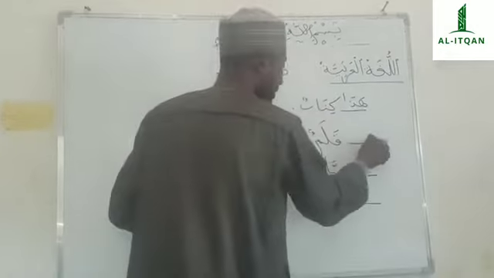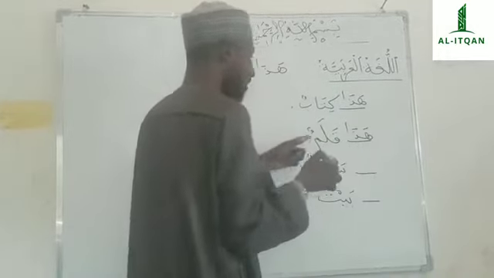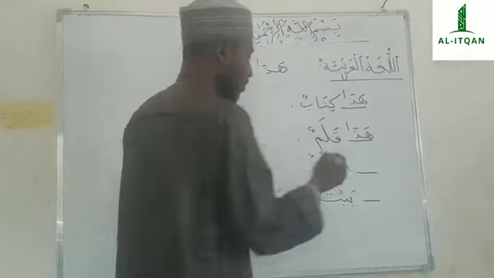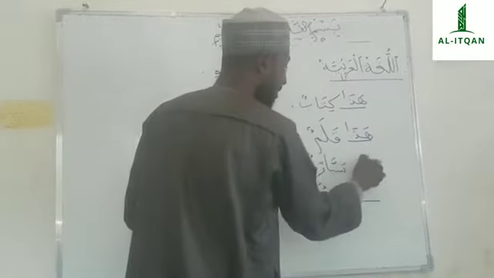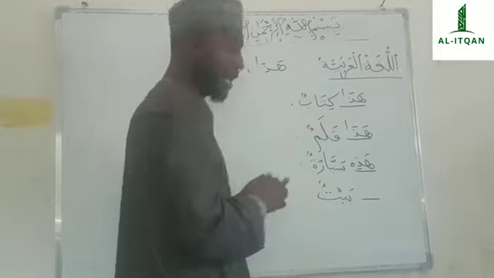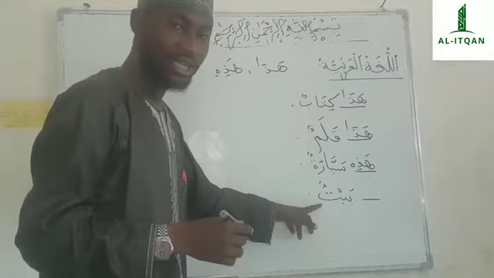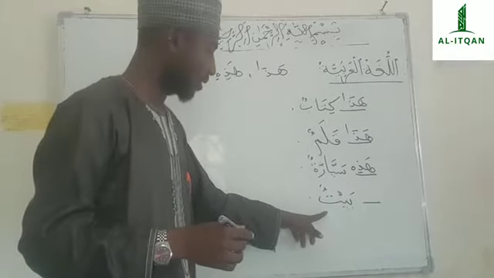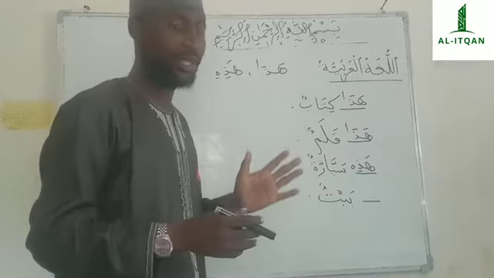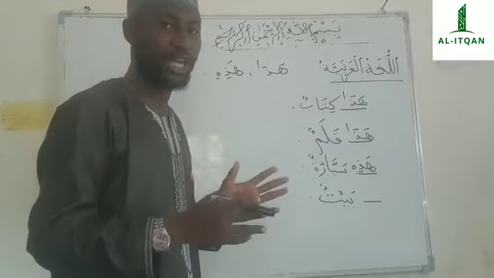Hada qalamun. This one ends with ta. We say what? Hadihi sayyaratun. This one ends with ta, but if you observe this ta, it is open ta. It is still masculine. Closed ta is what indicates feminine, not open ta.